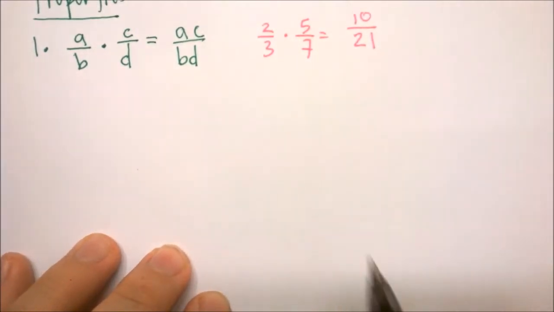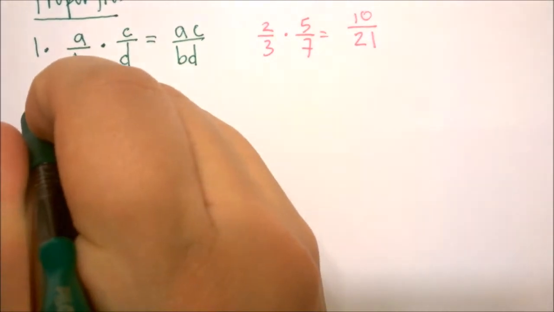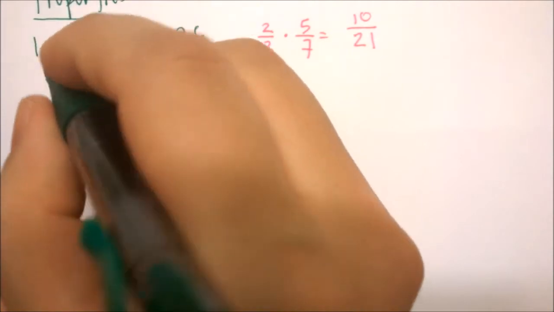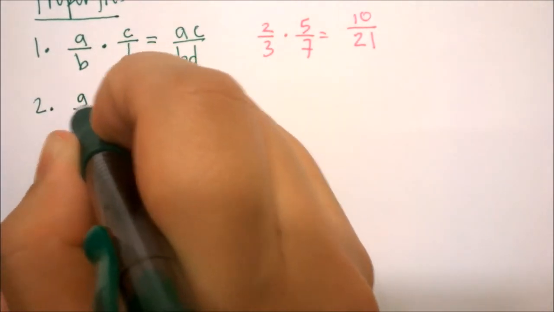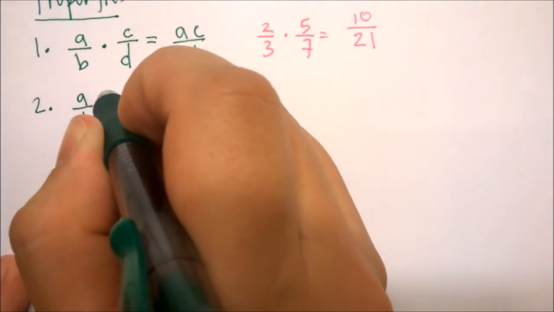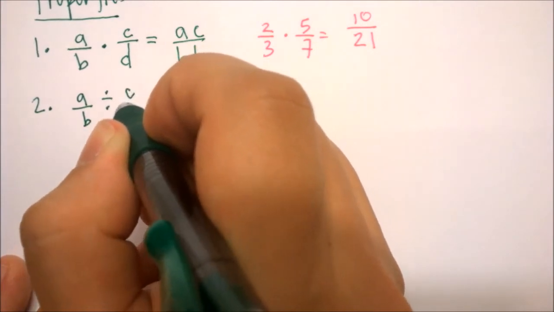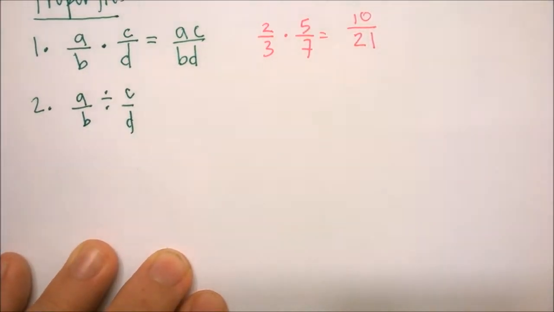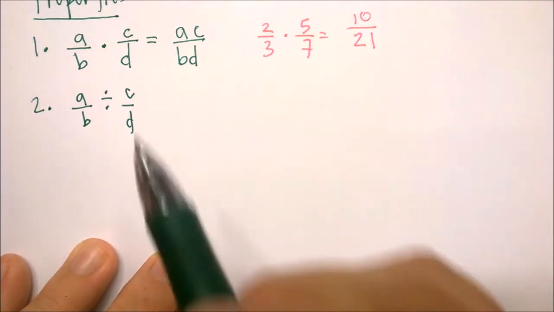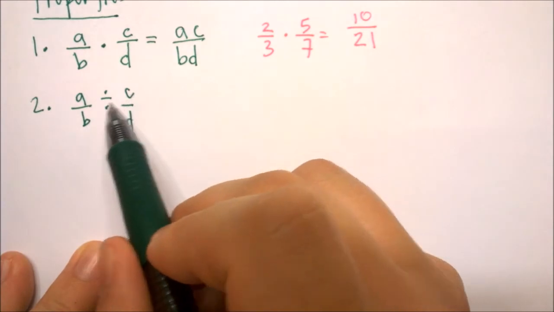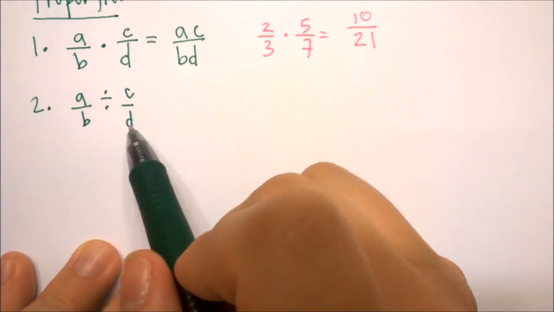Okay? So the second property is going to be a over b divided by c over d. So we're going to talk about division with the second property. Now, this is going to be a little bit different than multiplication. We're not just going to go straight across and divide a by c and b by d.